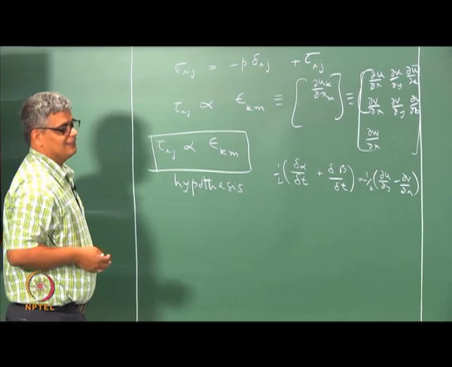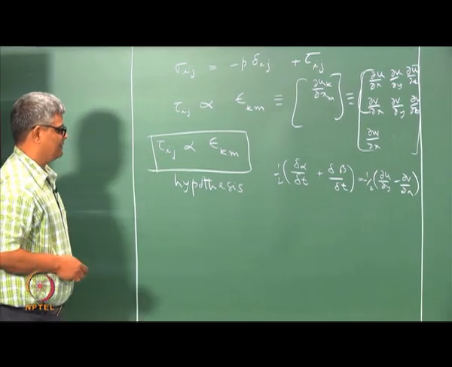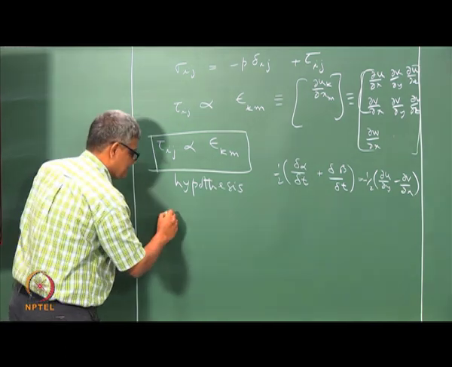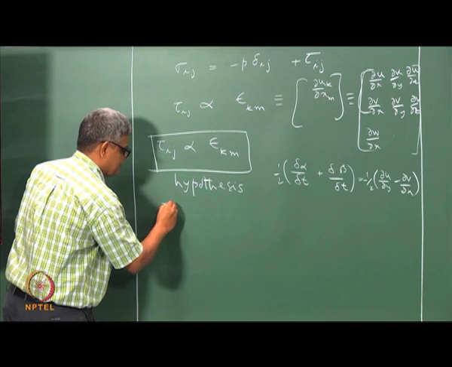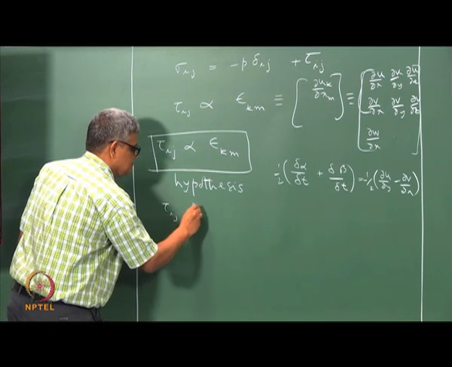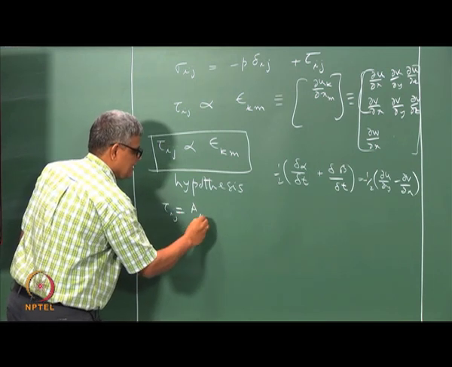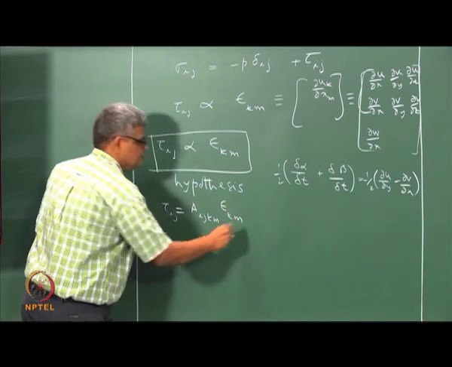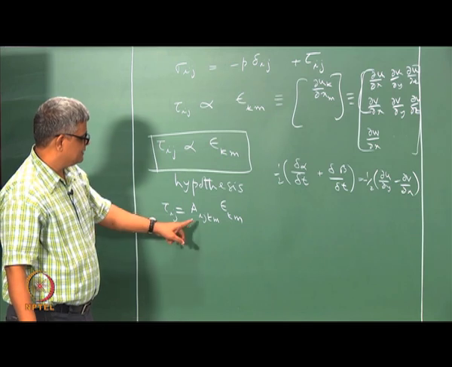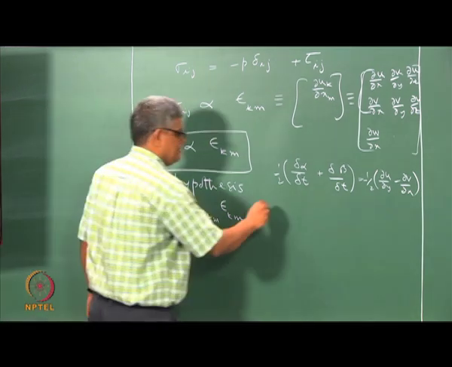So in that sense, that is where we are heading. And we mentioned that this is a tensor and this is a tensor. A general relation would have A ij km epsilon km, okay, and this is a 9 by 9 matrix.